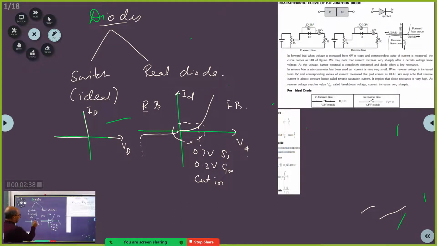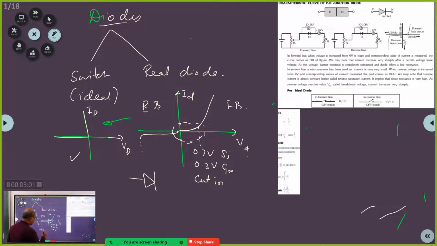Now here you see it in an idealized condition. This is the real condition, this is the ideal condition. Yesterday when we analyzed the rectifiers, we considered this model of the diode, but in reality, this is the situation. Now imagine the half wave rectifier that you saw yesterday.